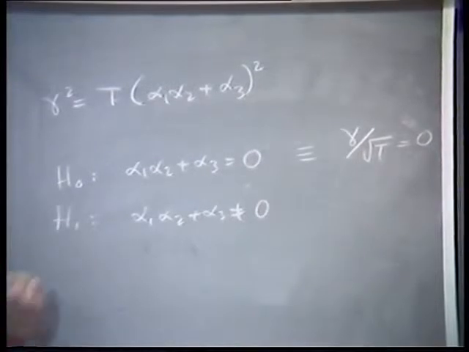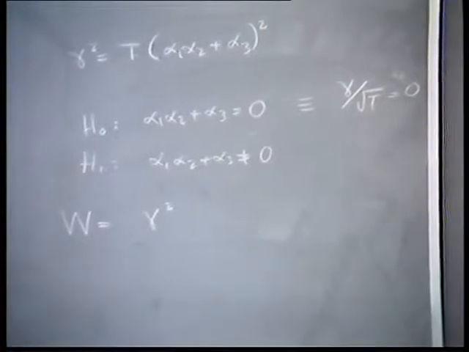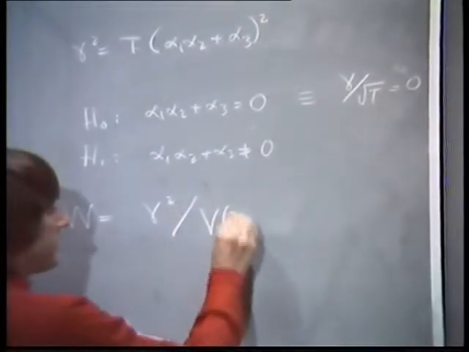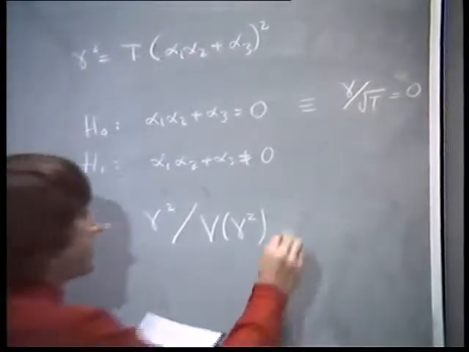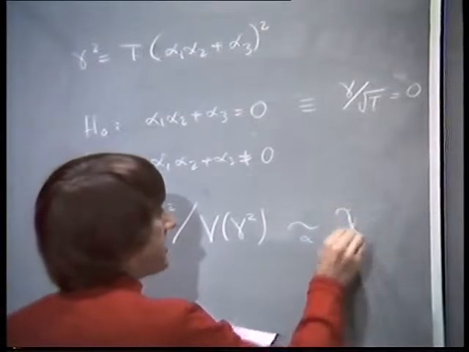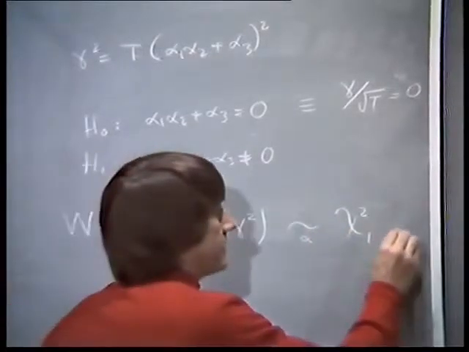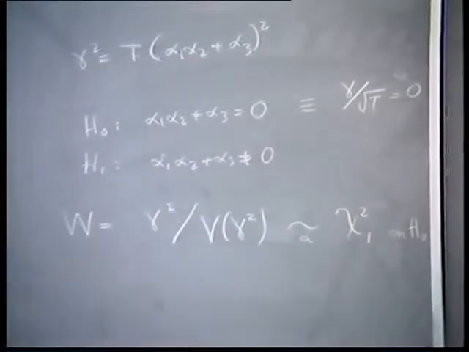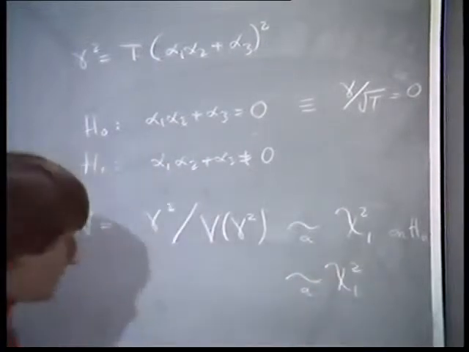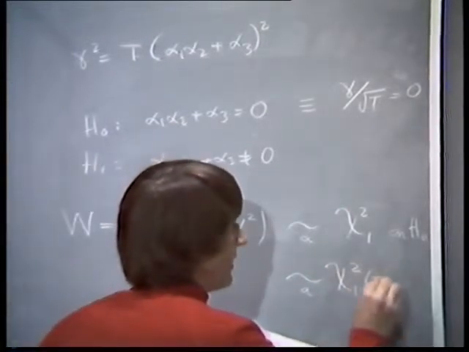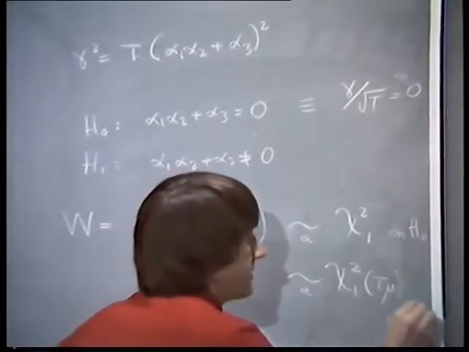So the Wald test statistic can be written as gamma squared divided by the variance of gamma squared, and asymptotically that will be distributed as a chi-squared with 1 degree of freedom on H0, and asymptotically distributed as a chi-squared with 1 degree of freedom and T mu, non-centrality parameter, on H1.